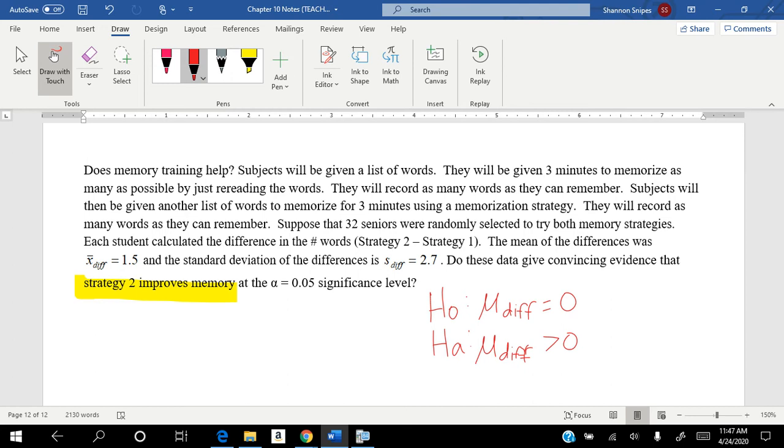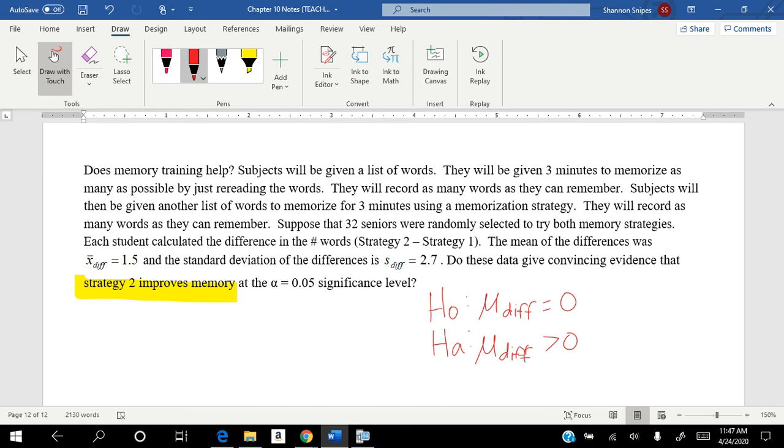All right, random. The subjects were randomly selected, and I'm a little bit concerned about our conditions here, because the random condition has been met because the 32 seniors were randomly selected.